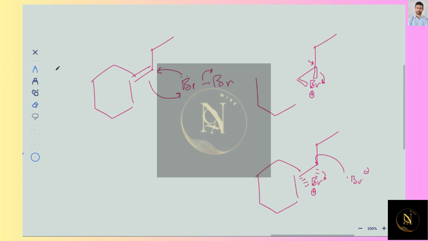Okay, we'll do that over here as well. And the reason for that is that in some sense, we can think of this bromine as being in resonance, even though it's not technically resonance, just like we do with epoxides.